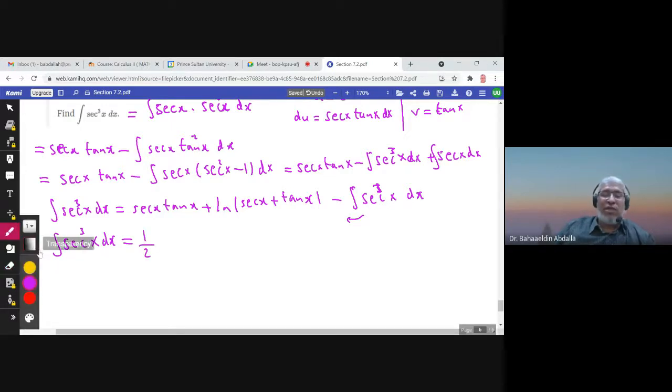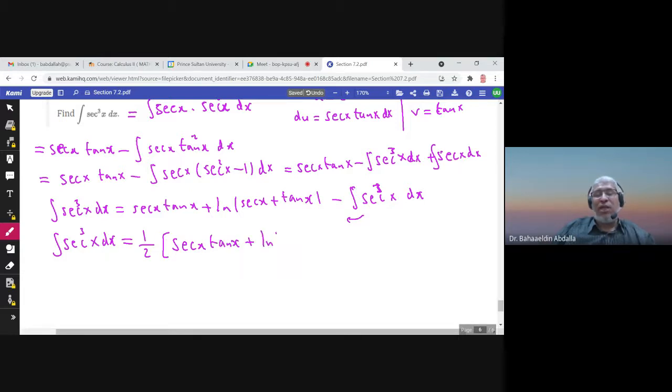So the integral of secant cubed is half times secant x tan x plus ln absolute value of secant x plus tan x. And then I can add plus c.